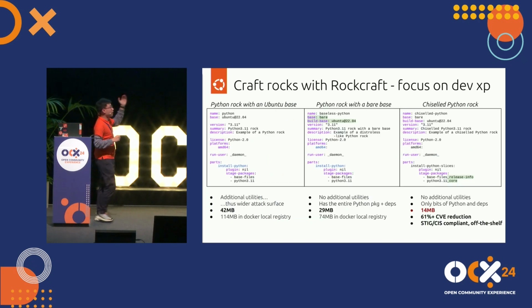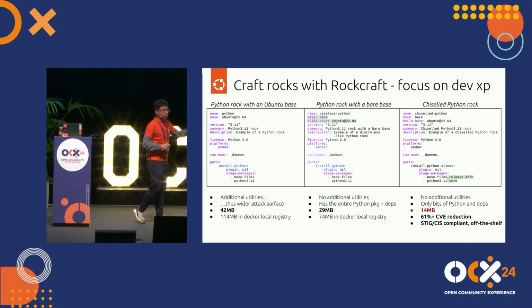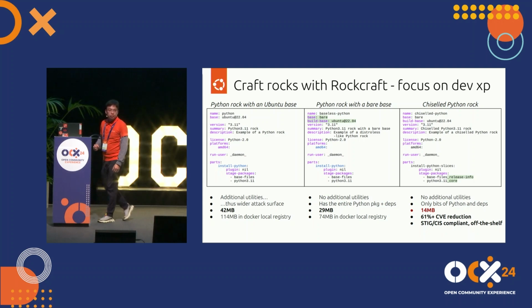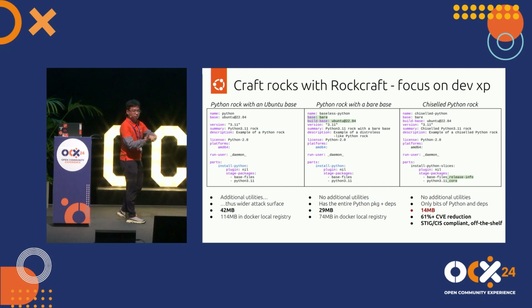So this is a comparison of how we build images with Rockcraft. The leftmost one is the normal one, built the same as what we're having nowadays in most Dockerfiles. The second one is how we build a distroless image with Rockcraft, but without chiseling its size further down.